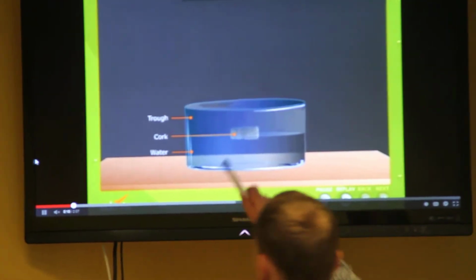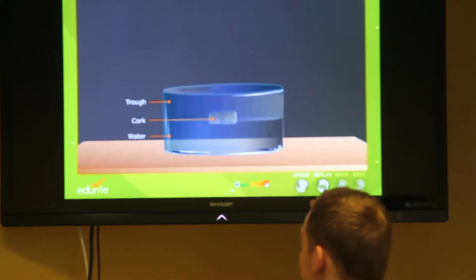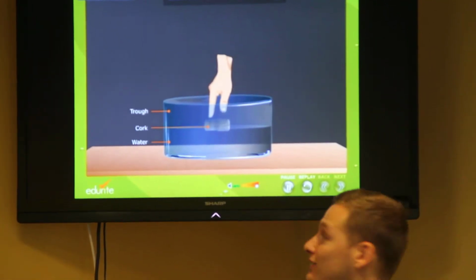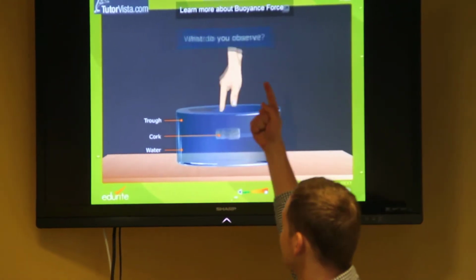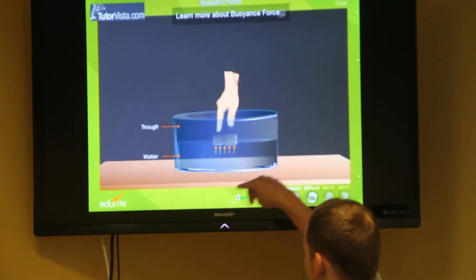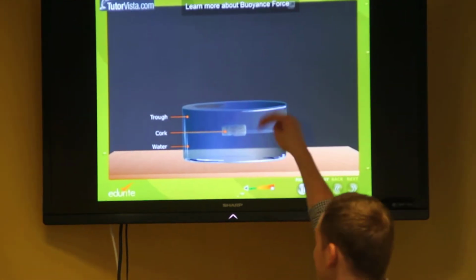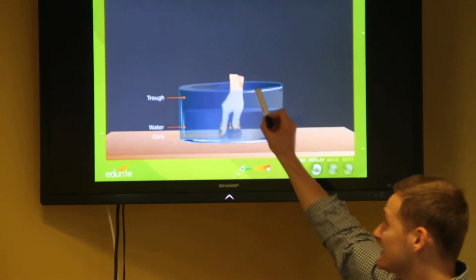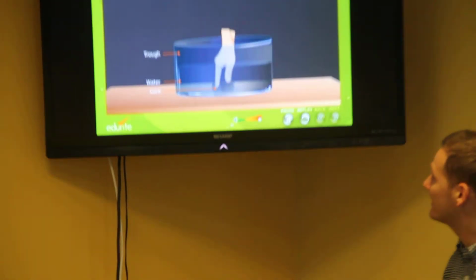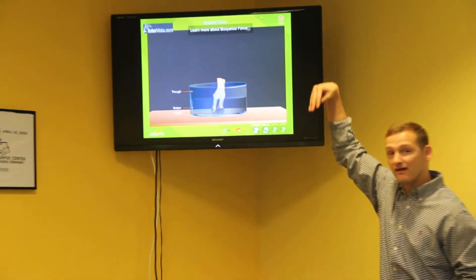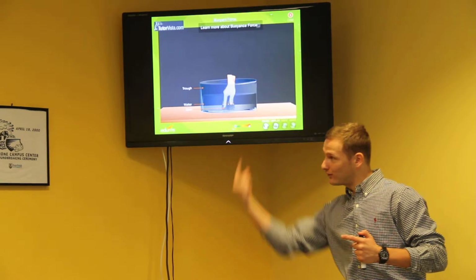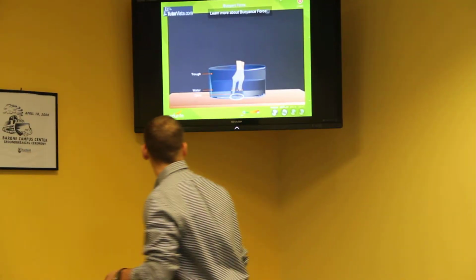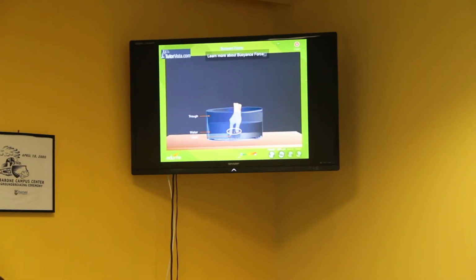In order for it to float inside the water, basically, the weight of the cork pushing down, which is obviously minuscule, is equivalent to the buoyancy force pushing right back up. As you can see, this weird hand-looking thing is pushing it down and it floats right back up. However, wait for it. Now, you see him pushing his hand down and keeping it there? That's because the force that he's pushing it down with is greater than the buoyancy force pushing it right back up.